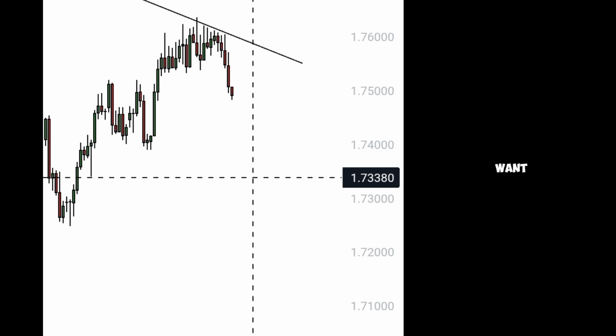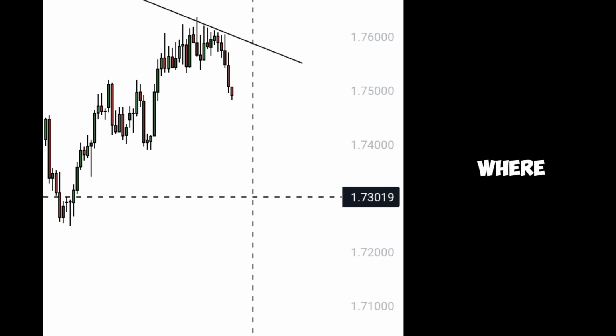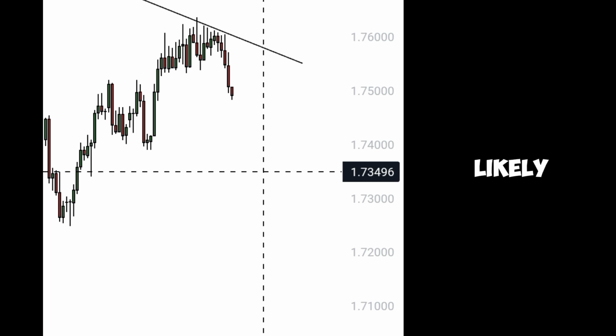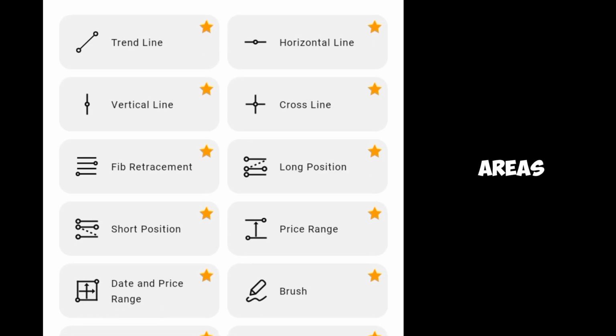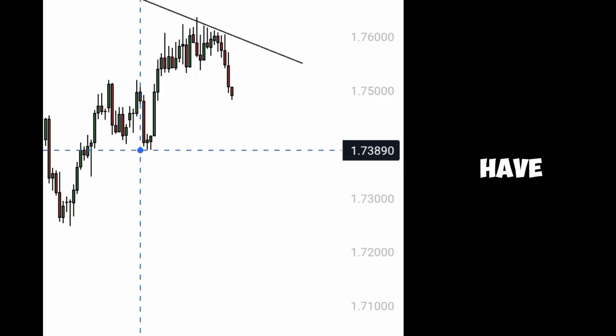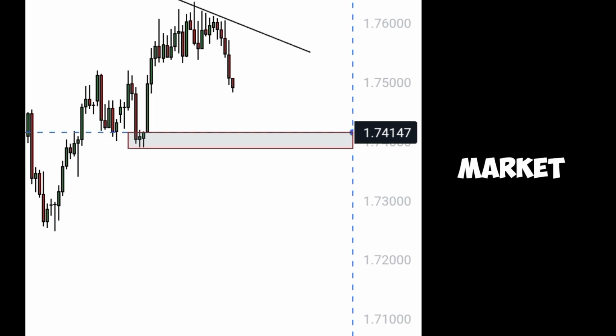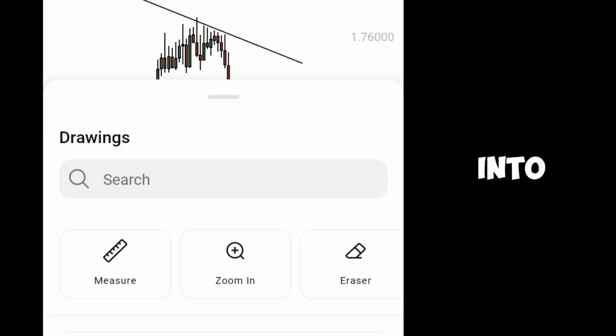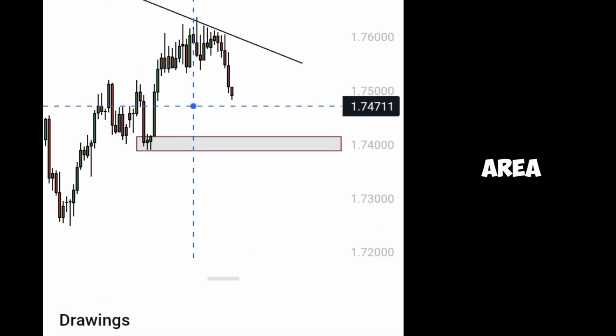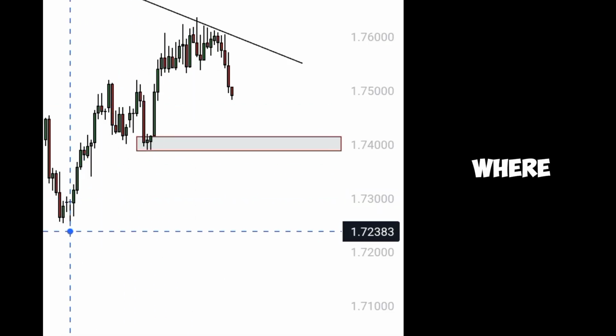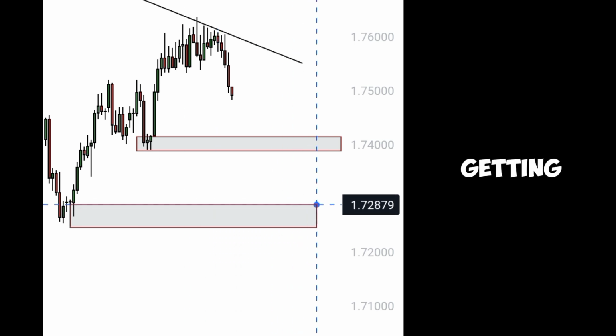The second thing we want to pay attention to is where the market is likely headed. We want to check for areas where the market is headed. We have our order block right here where the market has a tendency of pushing into. We also have an area here where the market has the tendency of getting to.